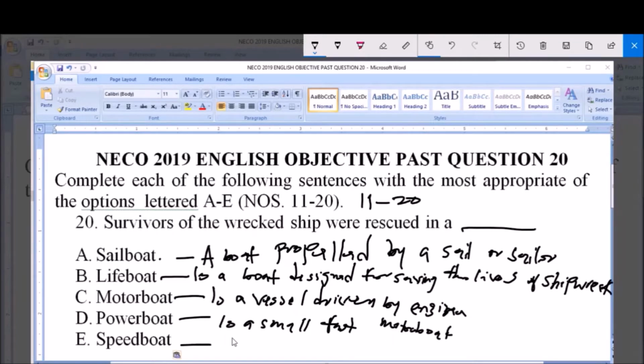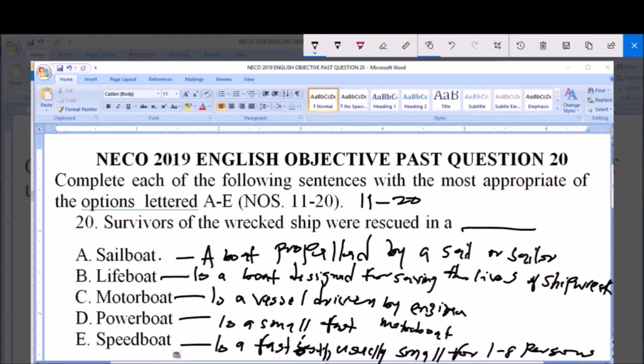So a speedboat is a fast boat. It's a fast boat, usually small, for 1 to 8 persons.